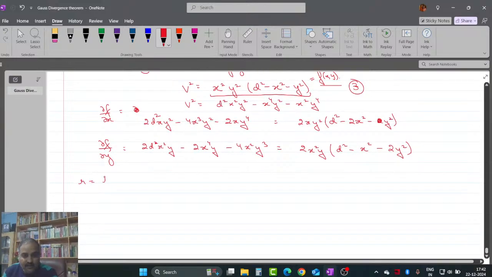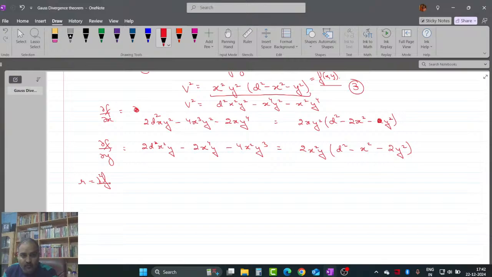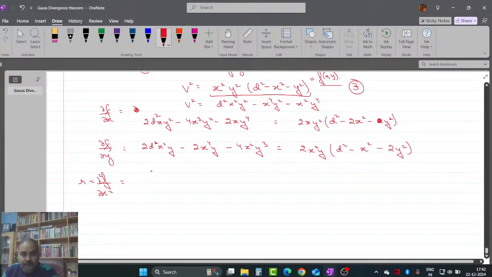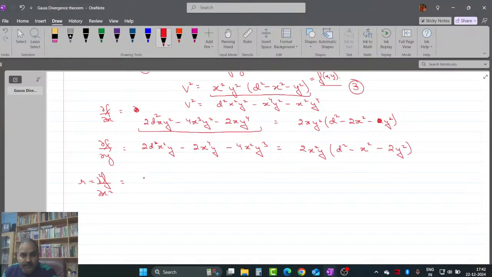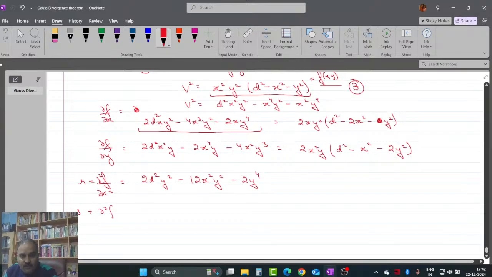Now r is basically the second order derivative ∂²f/∂x². For this part, the second order derivative with respect to x: 2d square, derivative of x will be 1, so y square, minus 4 times 3 is 12 x square y square, minus 2y raised to power 4. s is basically ∂²f/∂x∂y. That means the derivative of this part with respect to y.